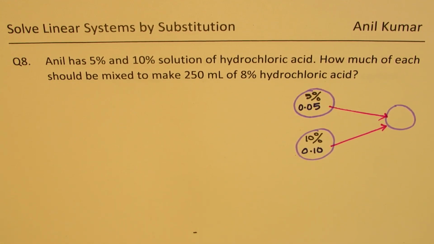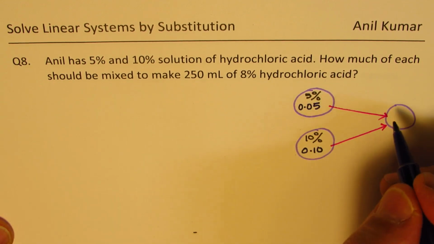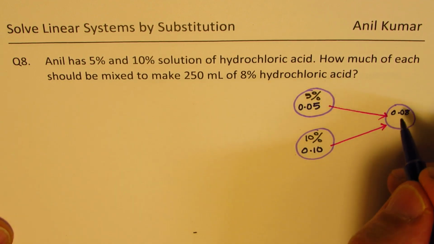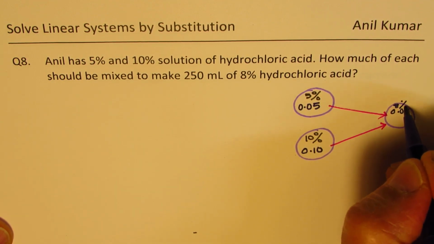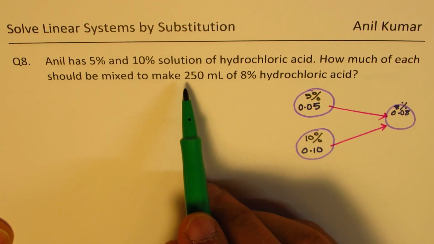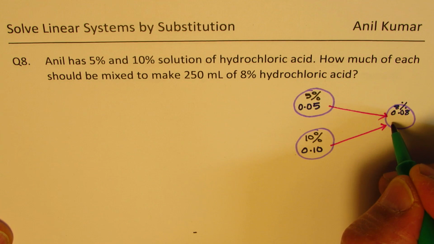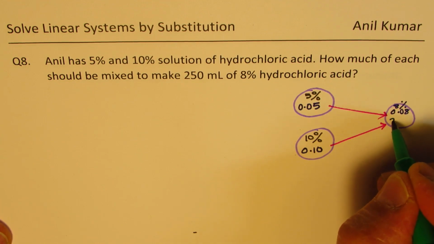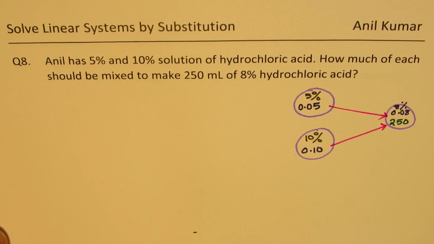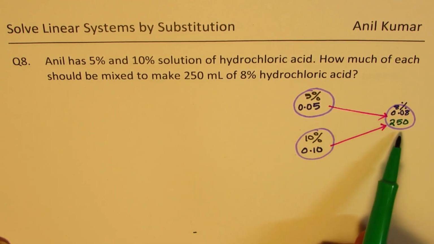The second part here is to look into the quantities. Well, let me complete this. 8% means 0.08, right? In decimals, that is 8%. Okay. Now let's look into the quantities. We need 250 milliliters, right? So of 8%, this is 250. Now, how much quantity of each will give us 250?